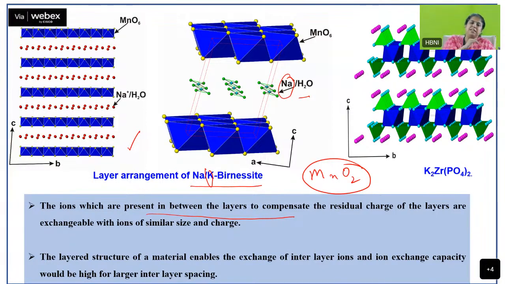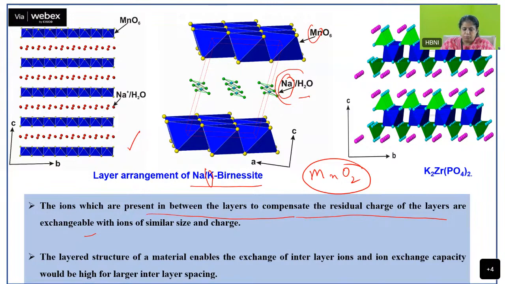To balance this negative charge, the monovalent sodium or potassium ions are accommodated in between the layers. Of course, the ions which are present between the layers to compensate the residual charge of the layers are the ones that can be exchanged. So, mind you, these manganese ions in the layers will not be exchanged. They are tightly bound. It is only these labile ions in between the layers that can be exchanged.